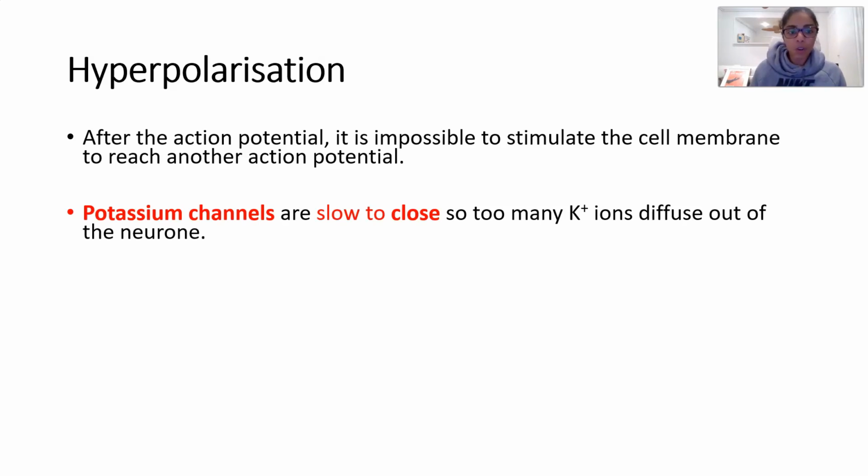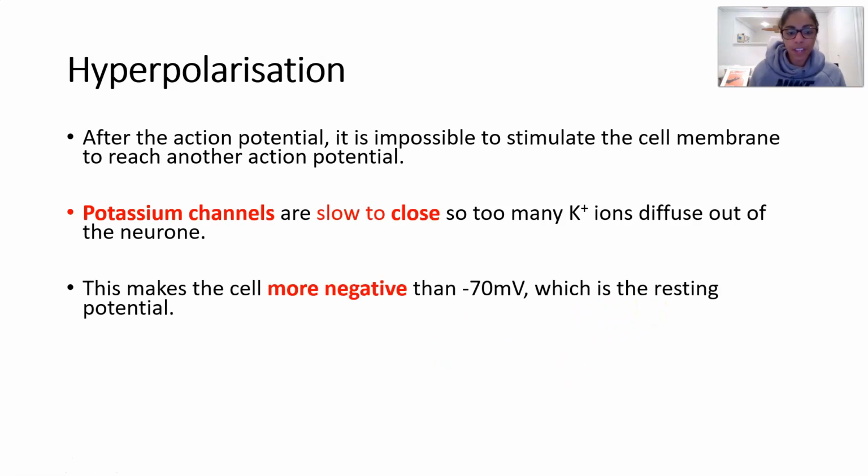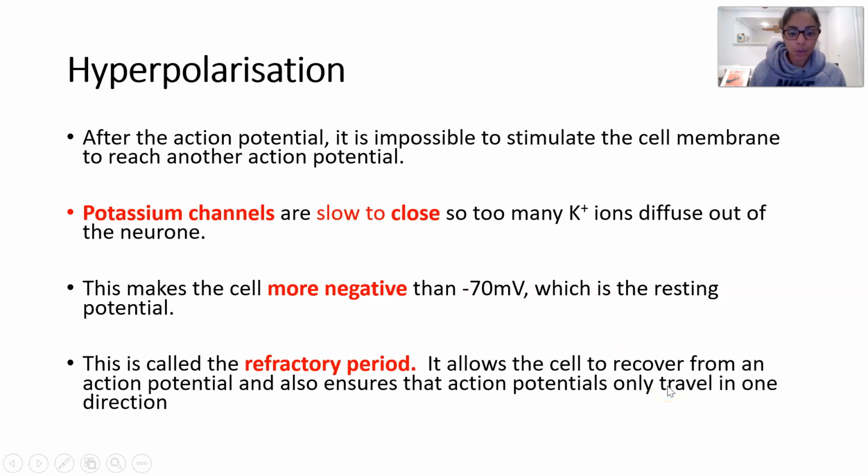What actually causes this hyperpolarization is that potassium channels are slow to close. So a little bit more potassium diffuses out than we need to, and that creates this really negative internal environment. So instead of getting to negative 70, we have a bit of an overshoot and we get down to something like negative 90 millivolts.